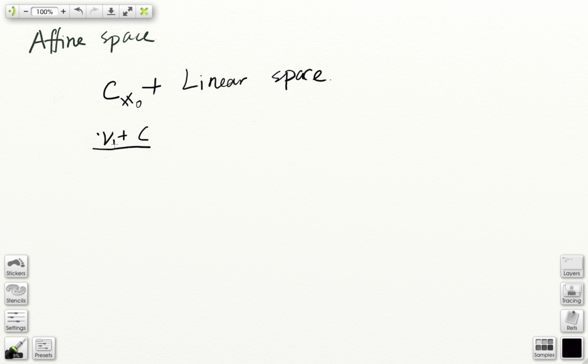And suppose we have two vectors from the affine space and we add them together, we will see it equals v1 plus v2 plus 2c, which does not belong to the affine space that we defined before.